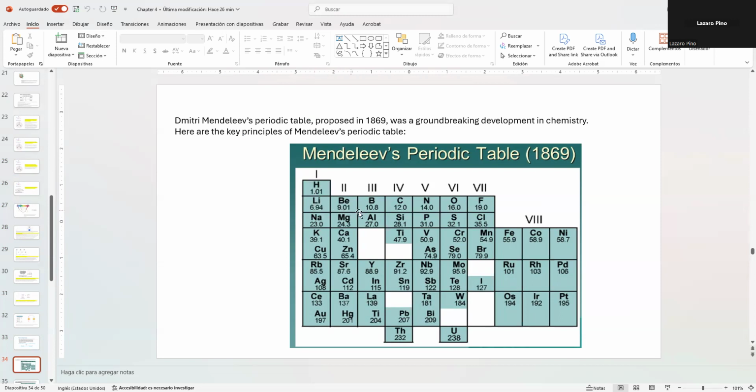Then, as you can see, ordering the elements and taking into account that after a certain period, the properties of the elements are similar to the first ones. For example, lithium, sodium, potassium, copper have similar properties, so they put them in a column.